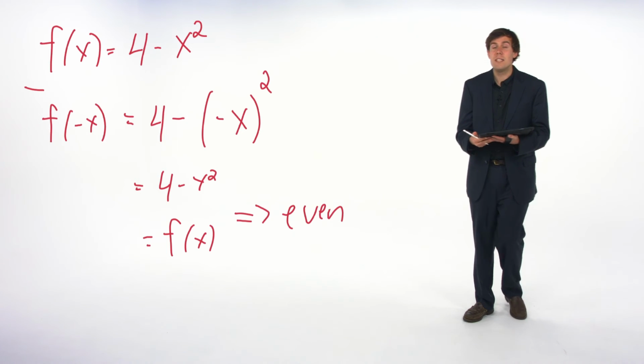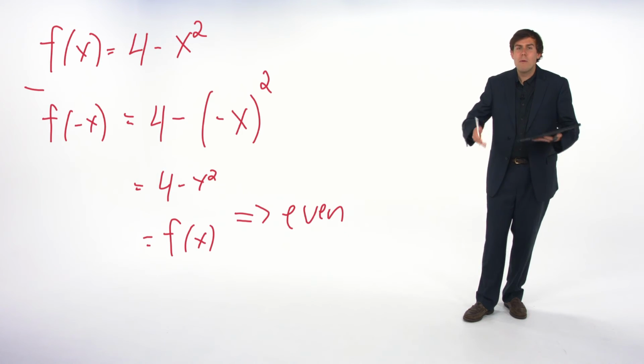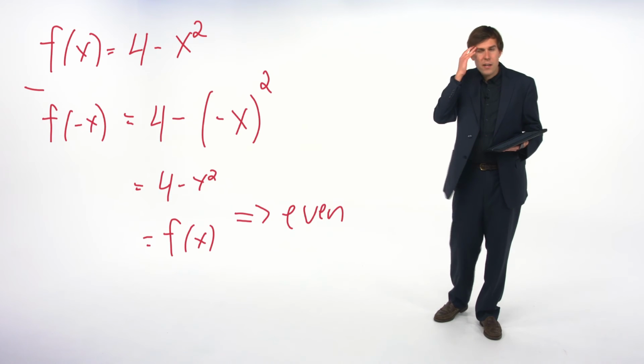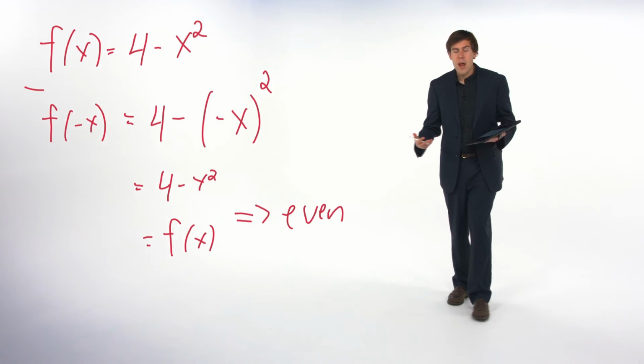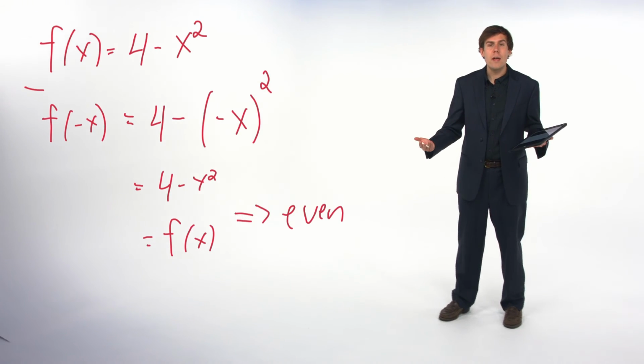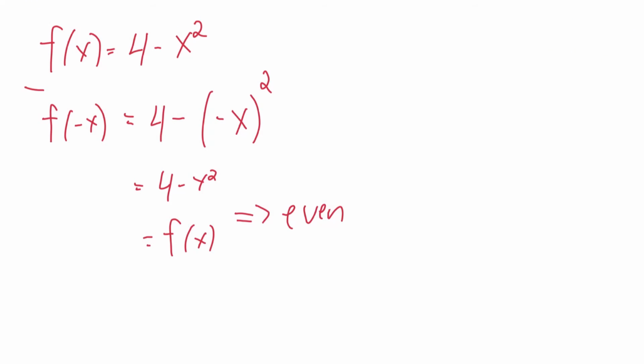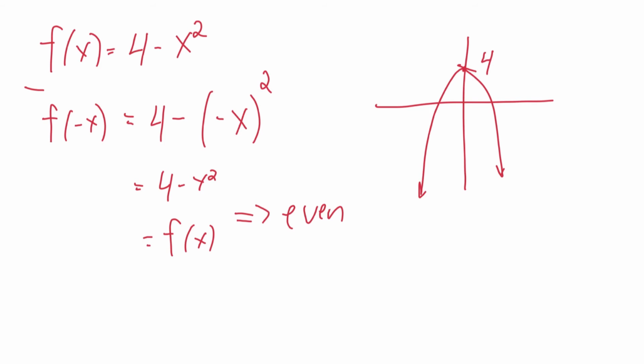So this implies that it's even. Now, why would I care about this in the context of plotting? Well, if I know that the function is even, then I have some idea of what it should look like. It should look like a mirror image of something. So I can use the fact that it's even as a tool for plotting.